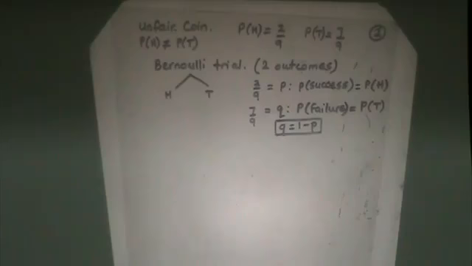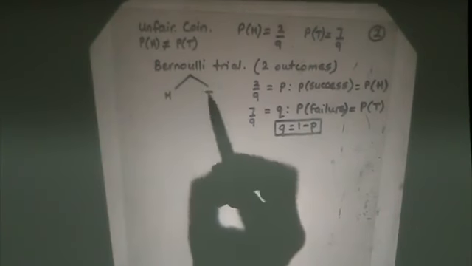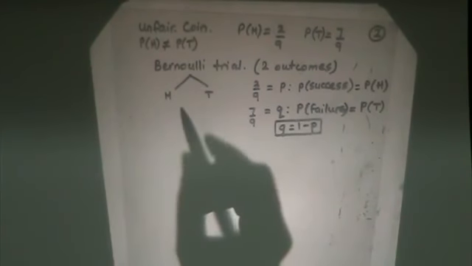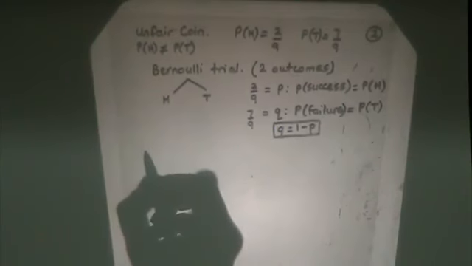A binomial experiment is one in which there are n independent Bernoulli trials. So every trial has 2 outcomes, meaning every toss has 2 outcomes. And let me toss this coin a few times.